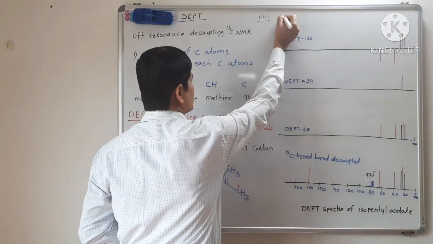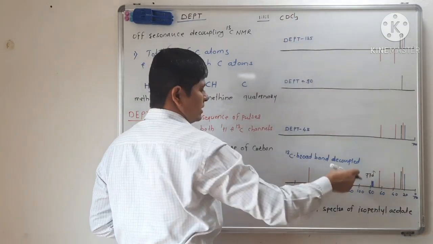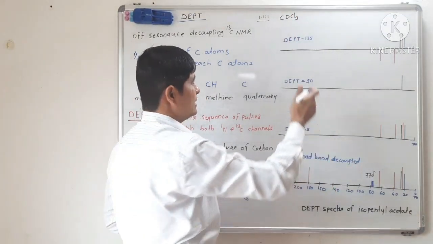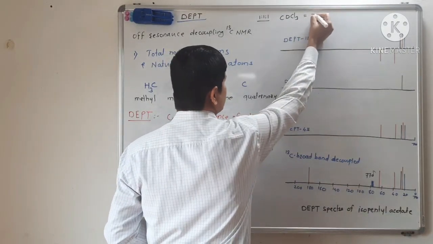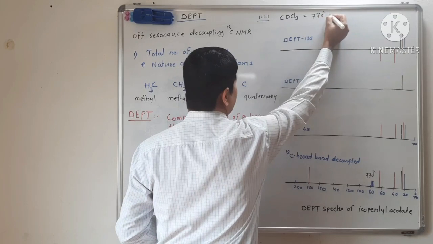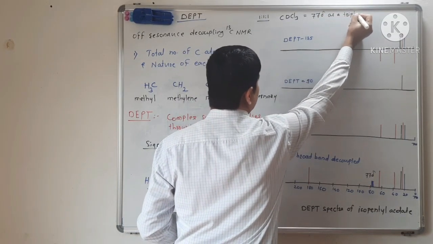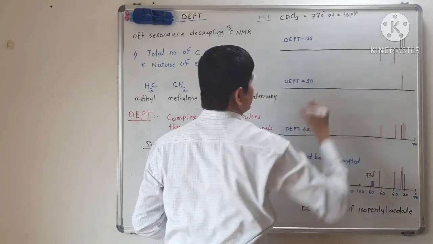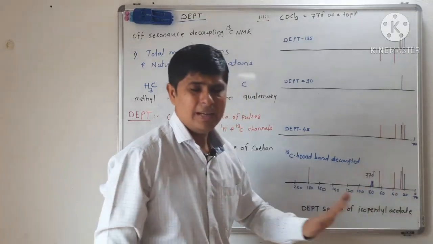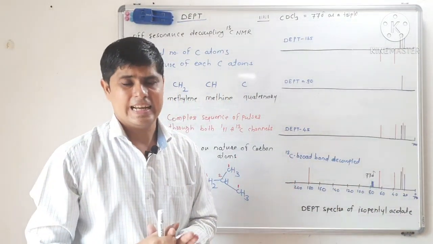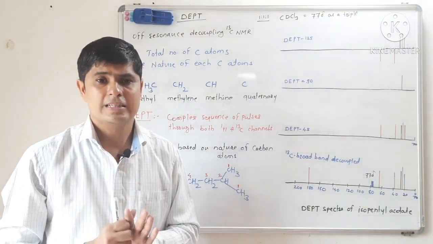This triplet is for the solvent CDCl3. We are recording this NMR in CDCl3, hence we get this peak. So CDCl3 gives a peak at 77 delta as a triplet, and the rest are 6 signals as singlets.